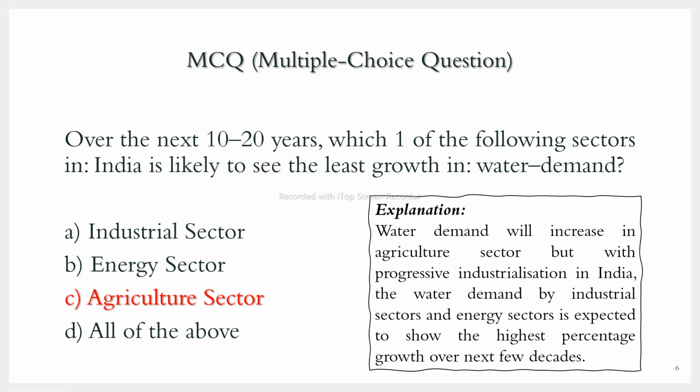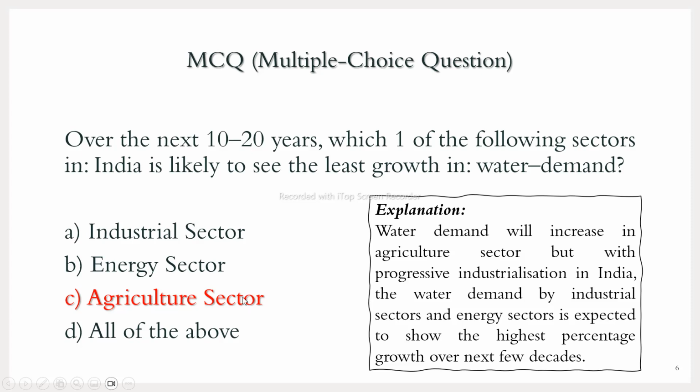But if we compare the growths, we will see that agriculture has been there in the country for many years. Because India is a developing country, the industrial sector and energy sector are booming.